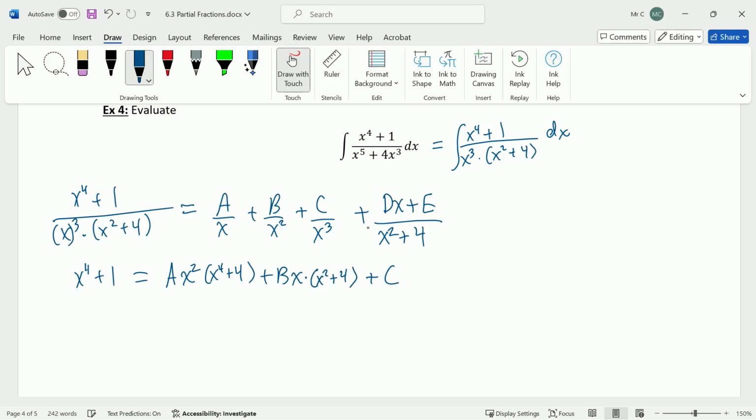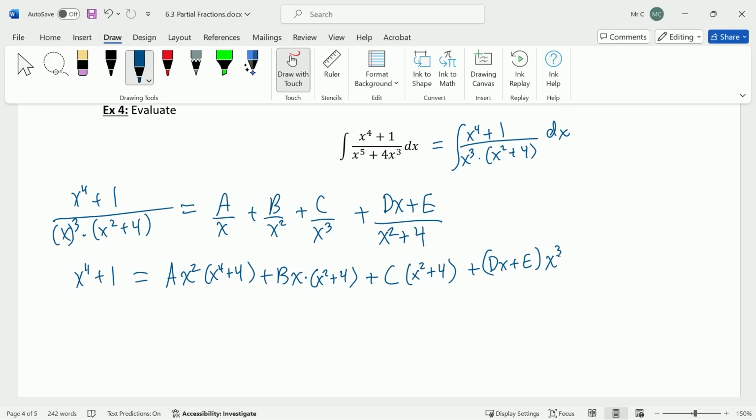Plus c. Well, c already is divided by the highest power of x. So I'm only missing the x squared plus 4 part. And the dx plus e is divided by the quadratic, so I'm just missing the x cubed factor.